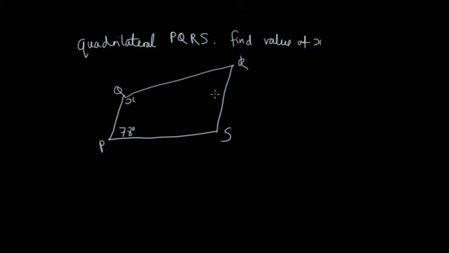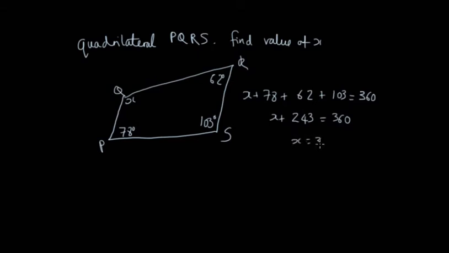We don't know angle X, we know this is 62 degrees, and we know this is 103 degrees. So we know that X plus 78 plus 62 plus 103 must equal 360, which is X plus 243 equals 360, and therefore X must be 360 take away 243, which equals 117 degrees. That's a pretty simple, easy question.